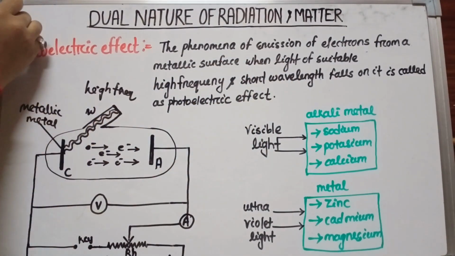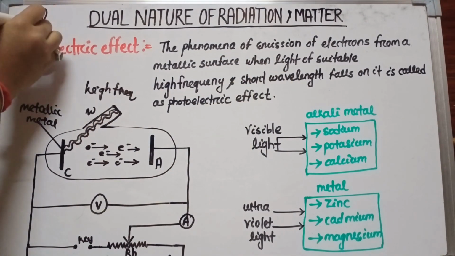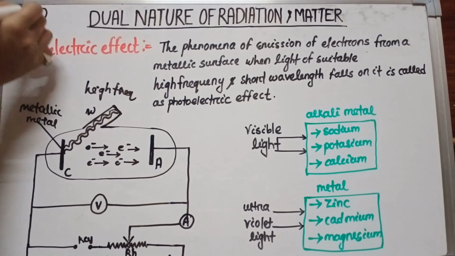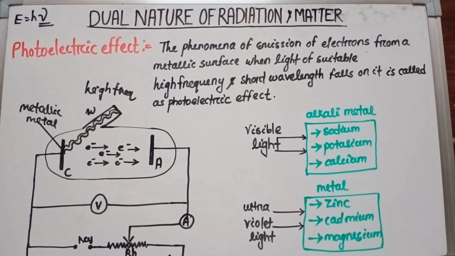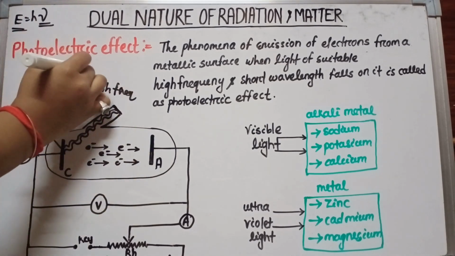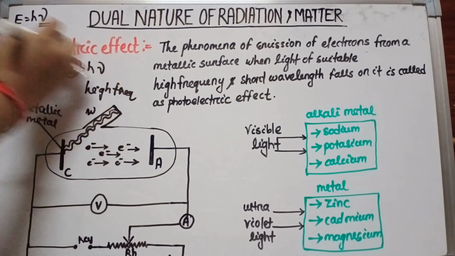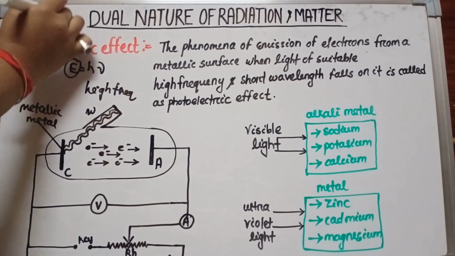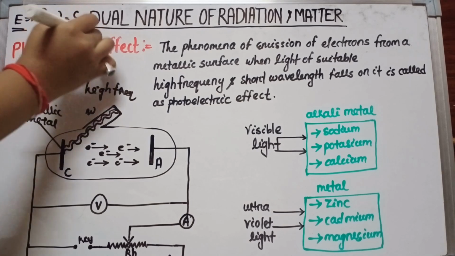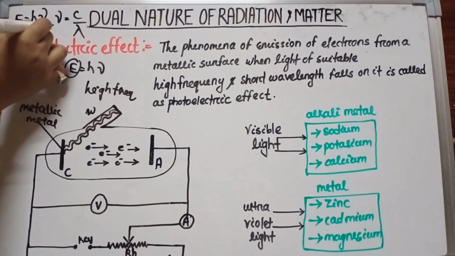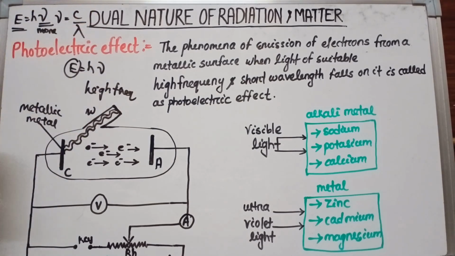We know that E equals h nu. If a radiation or a light has high frequency, it has more energy. And we know that nu equals c by lambda. If frequency is more, that means the wavelength must be less.